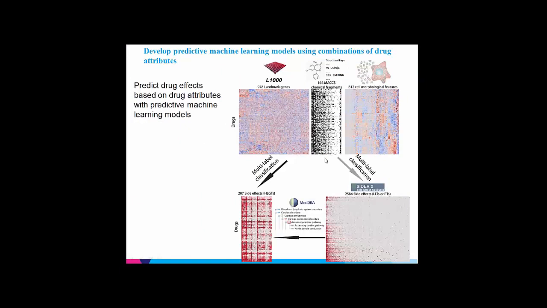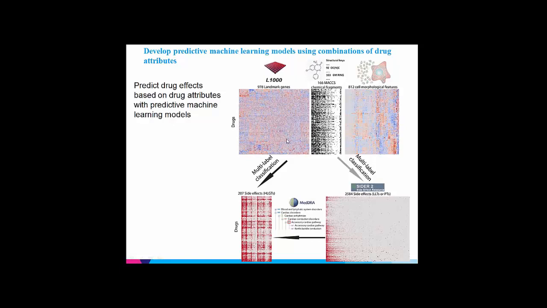Since I use the baseline approach for multi-label classification, I first look at each single side effect at a time.